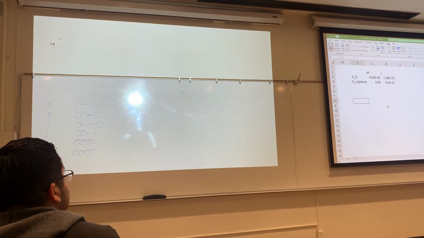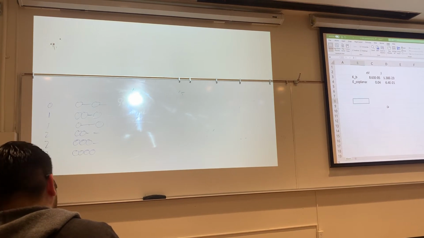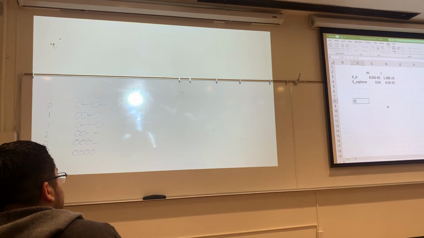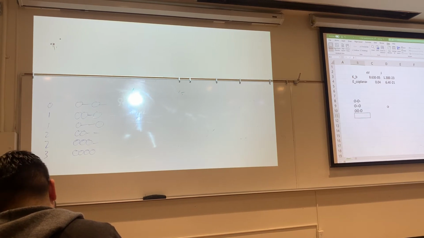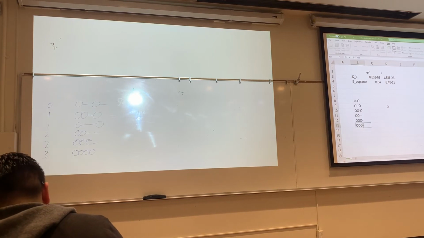So let's type them in. So here we have the state, this one here, and then we have the state, and we also had the state, and we had this state this way, and this, and finally we had the state this.